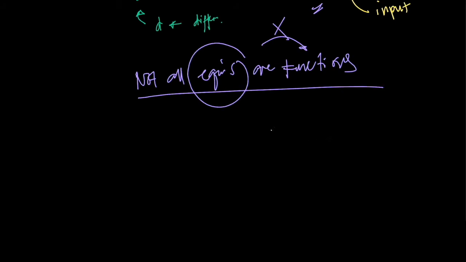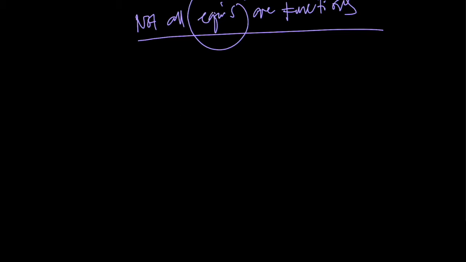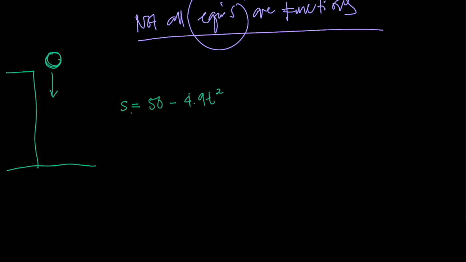Let's have another example, and this will be useful in applications or even in solving problems in physics. Let's now use our symbols. If the displacement of, let's say, a ball that we have dropped from a building is defined by this equation, 50 minus 4.9 t squared, then the position of the ball is represented by this equation.